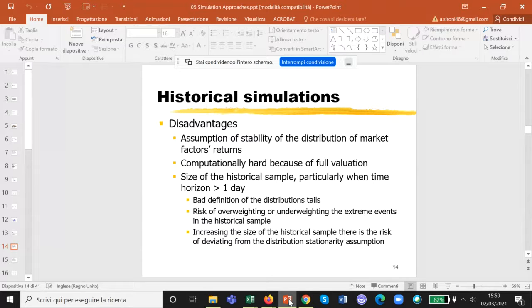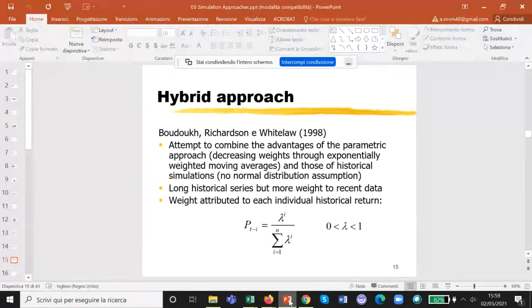Okay. Now, based on this trade-off, we have the second approach, which is called the hybrid approach, which was originally introduced by Boudoukh, Richardson, and Whitelaw some 20 years ago, and is very much used in the market out there.